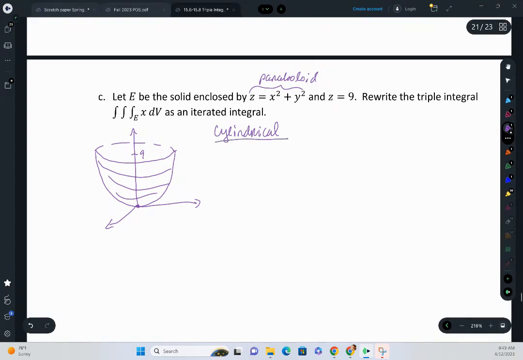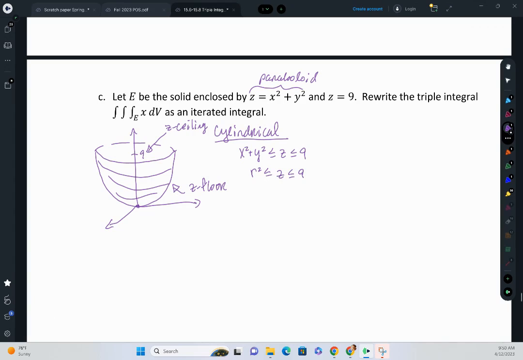And for cylindrical, it looks like I have a z floor, which is the paraboloid, and then I also have a z ceiling, which is the plane z equals 9. So it looks like I have x squared plus y squared is less than or equal to z is less than or equal to 9. And that can be rewritten as r squared is less than or equal to z, which is less than or equal to 9. Those are going to be my bounds for z.